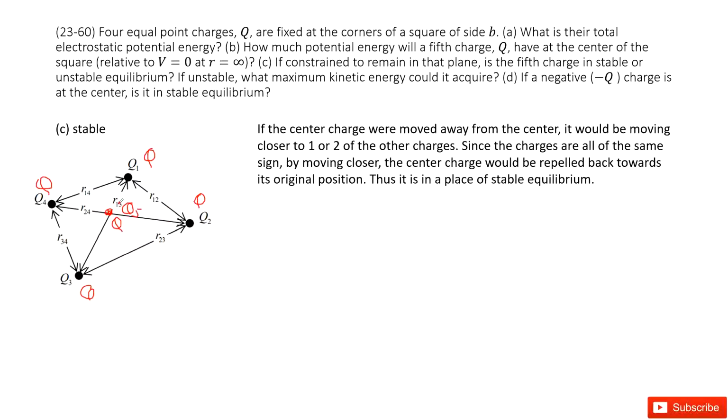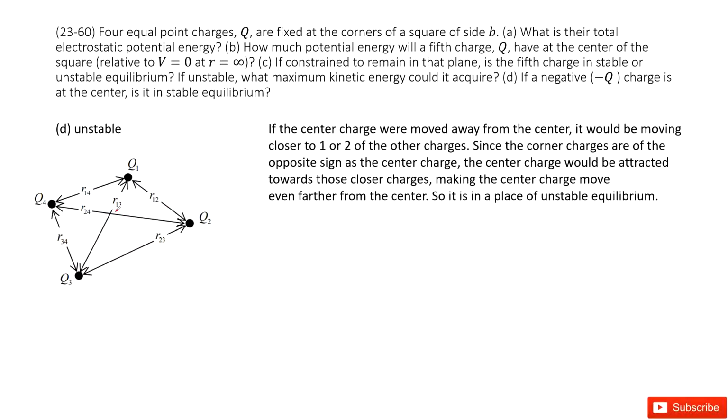There will be an electric force pushing it back to the center, right? Because Q1 and Q5 are positive charges, positive charges will repel. So if Q5 moves a little bit closer to Q1, it will be pushed back. Similarly Q2 will push it back. So it is always pushed to the center. So this is called stable balance, right?